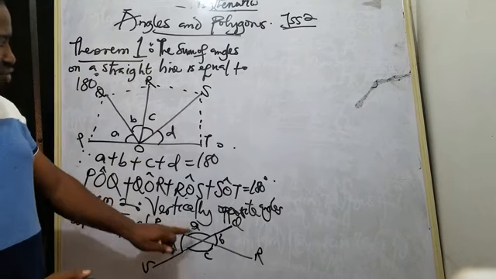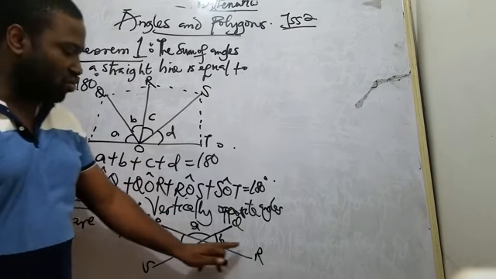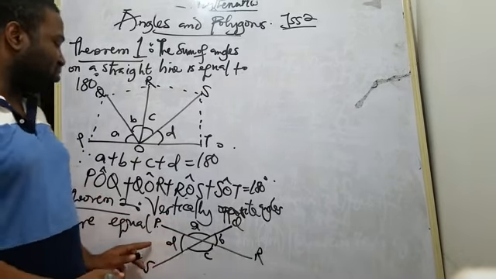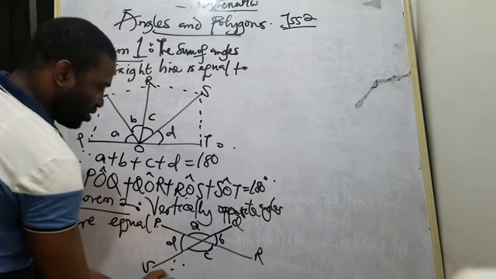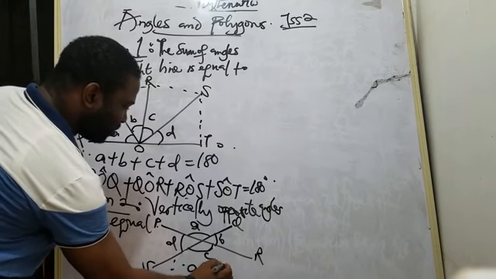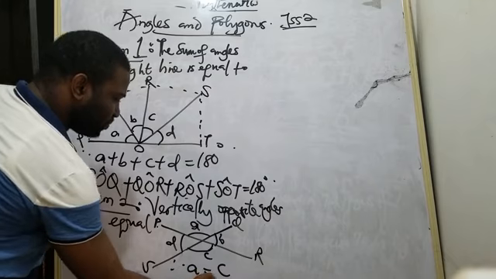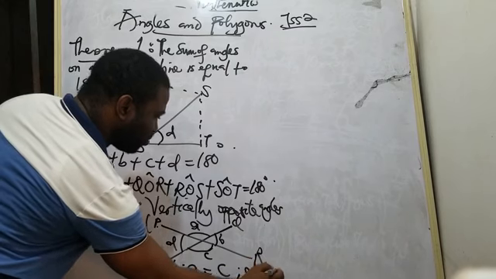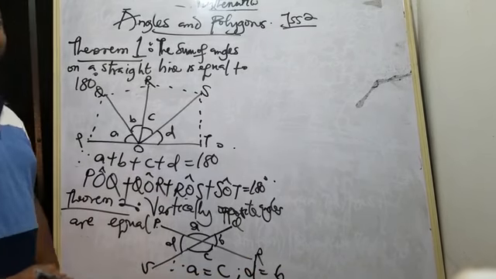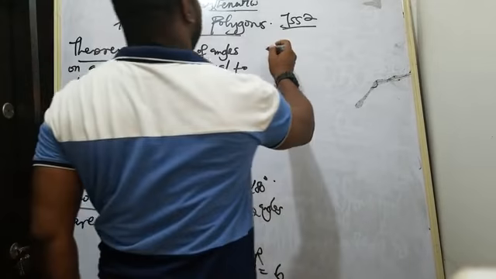That is, A will be equal to C, and D will be equal to B. Or B will be equal to D, and C will be equal to A. Alright? Now, let's come up here.